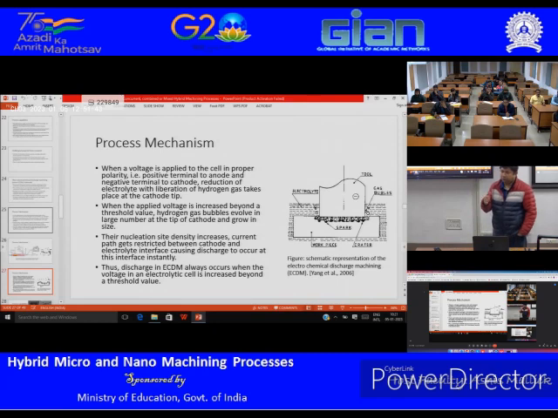Above that voltage, it creates a resistive layer to the current, and that is when it starts to spark, until it removes that layer, and then the process starts again. It's a continuous process, and those two are the main reasons the ECDM process can be used for electrically non-conductive materials.